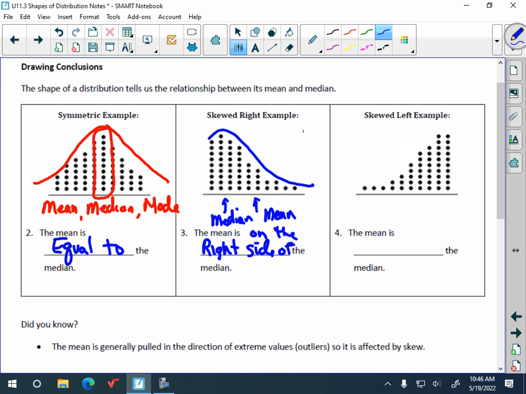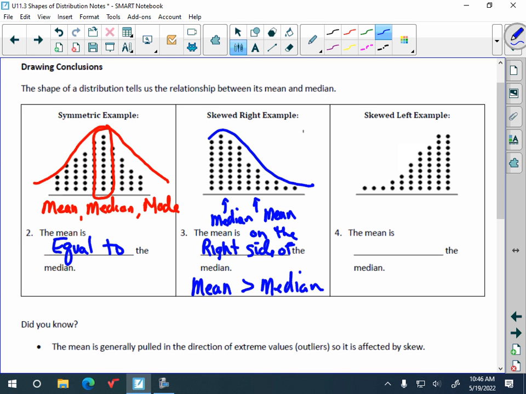Okay, so on the right side of the median, or we can also say the mean is larger or greater than the median. All right, so the mean is going to be on the right side.